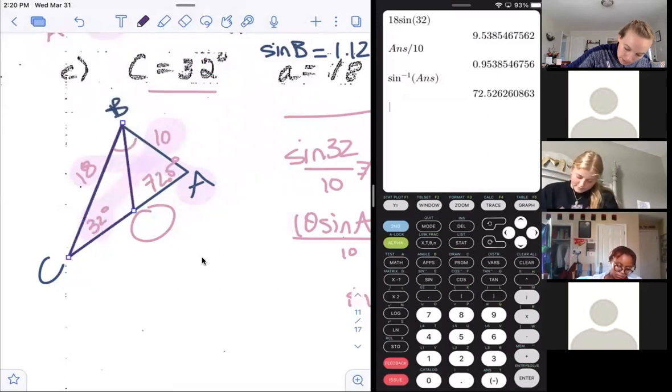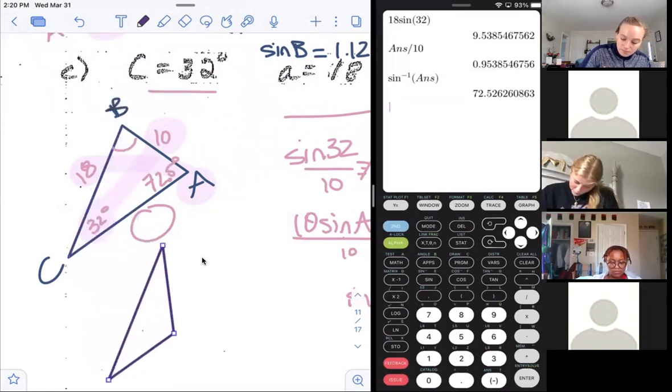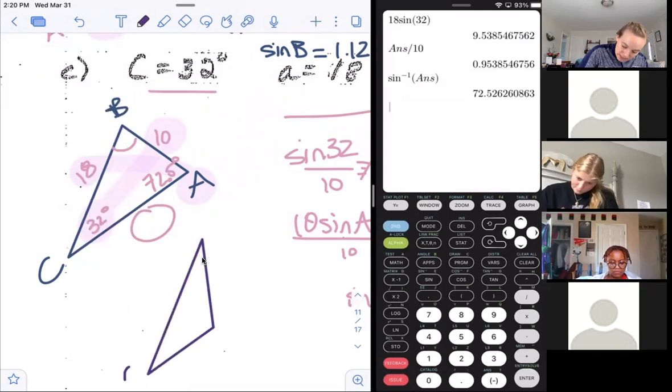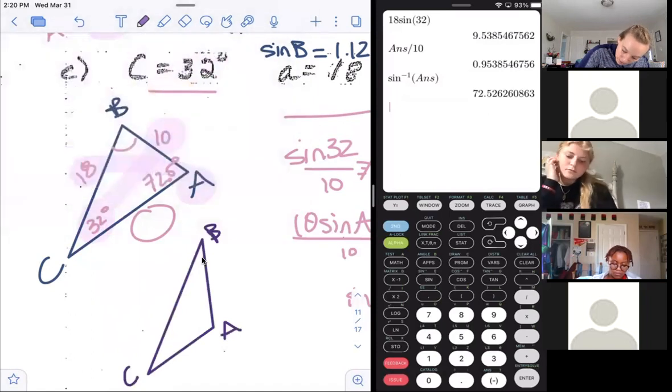Just making it look a little bit nicer. This purple triangle I just drew on top, if I take it out, my C is the same. My C would still be 32. My little a would still be 18, and then my little c would still be 10.